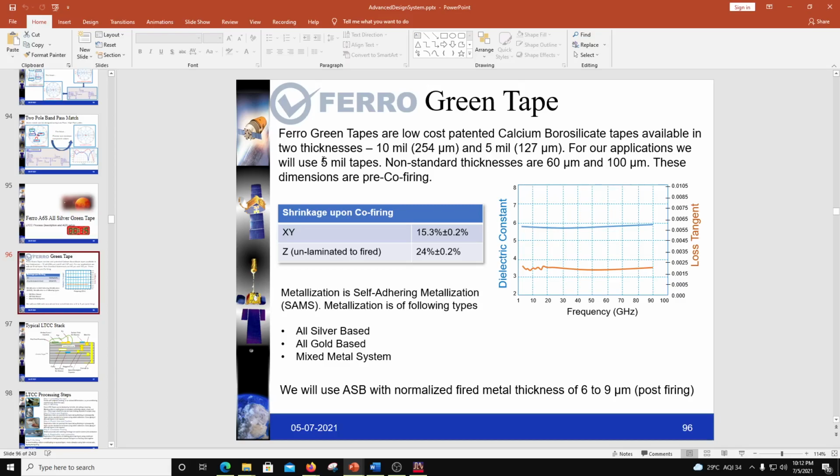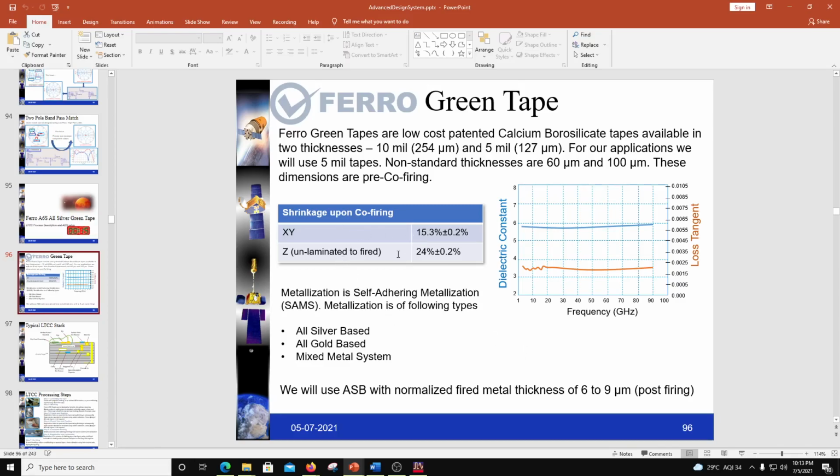This is Ferro green tape, with all silver based metallization, which is why it is called the Ferro AS system. AS stands for silver, right? This is capable of going up to 100 gigahertz. So you can design your boards using LTCC.